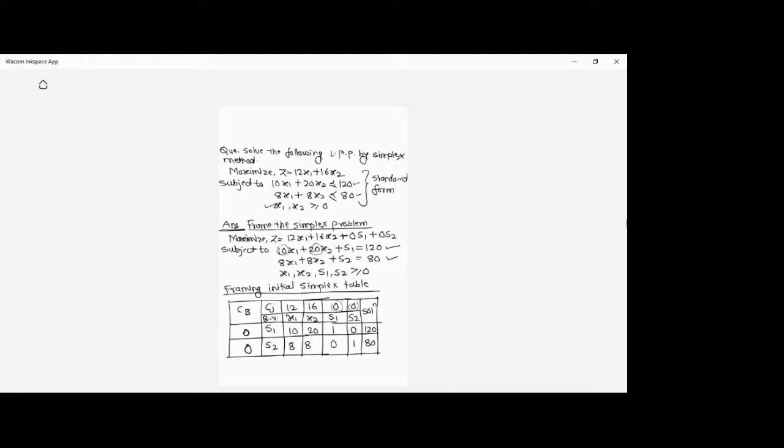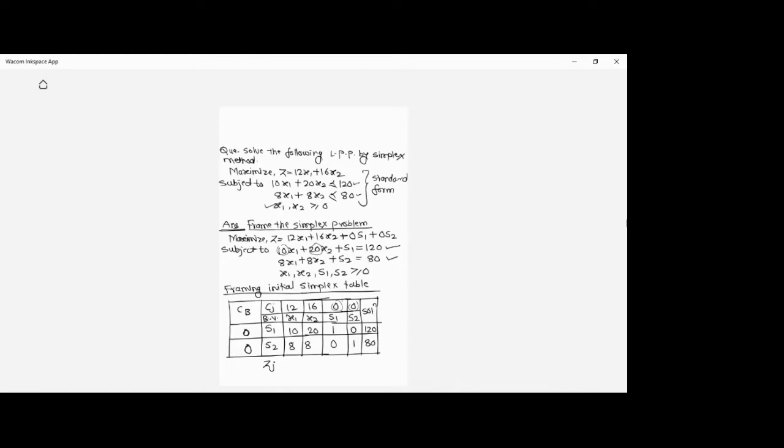Now we have to calculate Zj. Zj is the sum of the products of CB and the corresponding coefficients. I'll tell you how to find Zj.